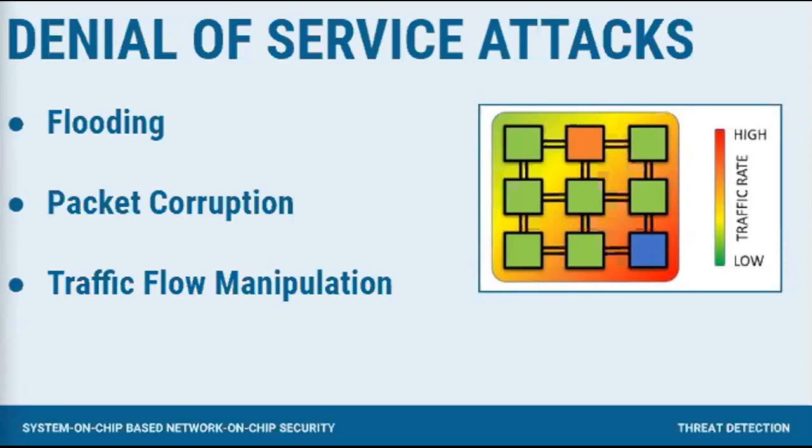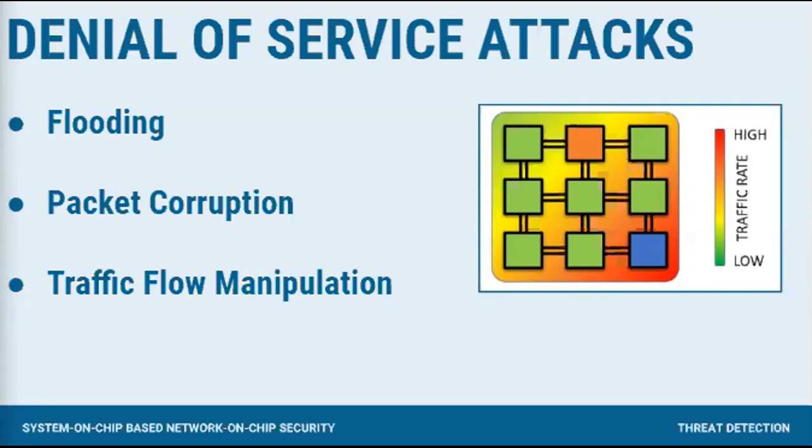The performance of the system on chip can heavily depend on a few components. For example, a memory intensive application is likely to send many requests to the memory controllers, as we discussed previously, so the routers connected to them will experience heavy traffic.